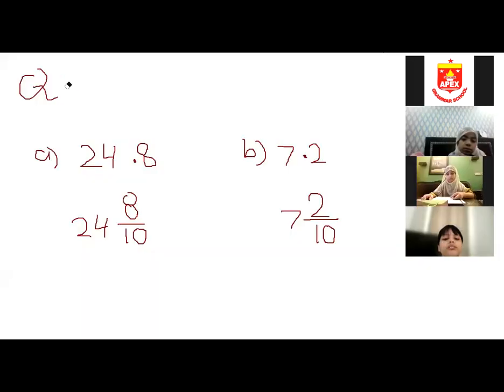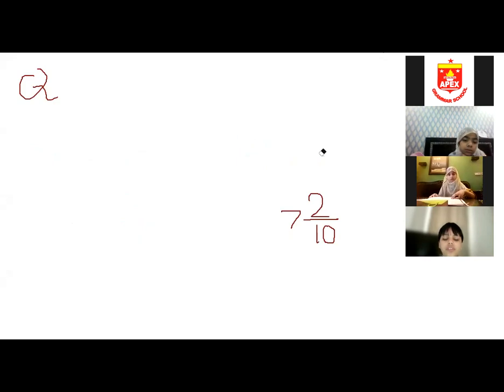I'm going to erase the board first. Now it's question number 4. What they are saying, I'm going to read it again. In question number 4, they are saying write the value of the digit 2 in each number.